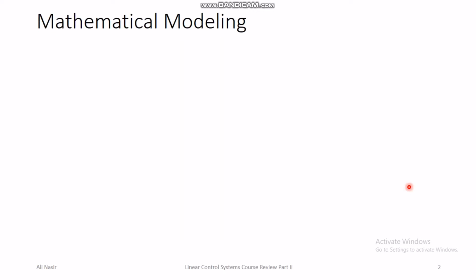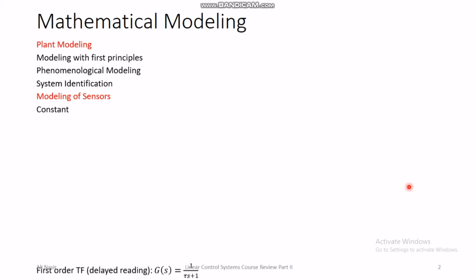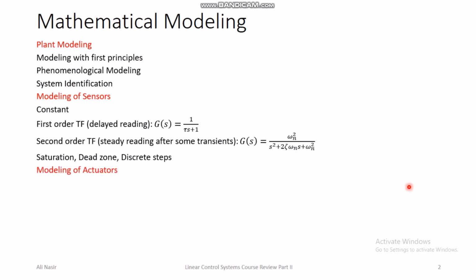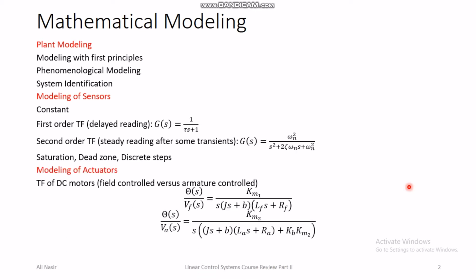So we started with the mathematical modeling for plants, modeling for sensors, and modeling for actuators. And we saw that plant modeling can be done with first principles such as Ohm's law, Newton's laws, Kirchhoff's laws, and other first principles.